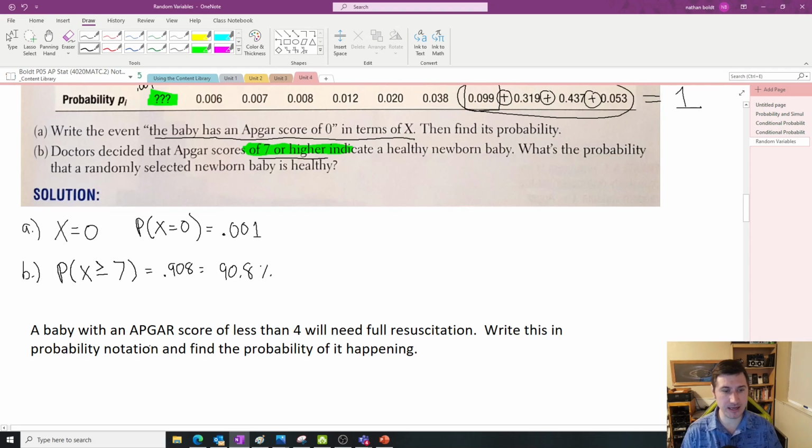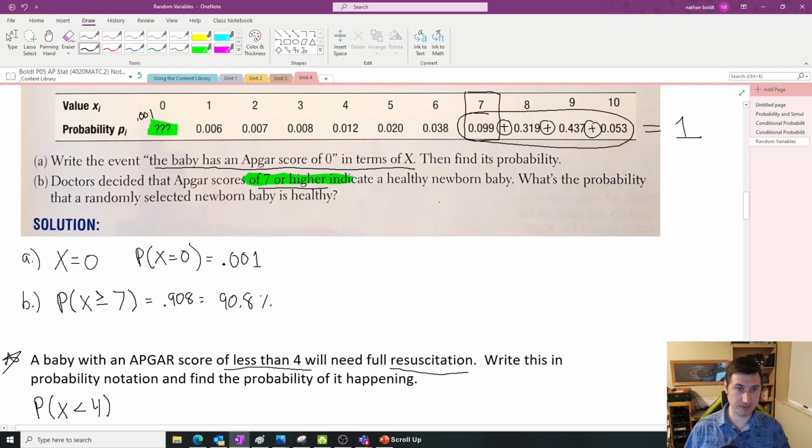So next one, a baby with an APGAR score of less than 4 will need full resuscitation. Write this in probability notation and find the probability of it happening. So this is the probability of X is less than 4. Now, which numbers am I using then?